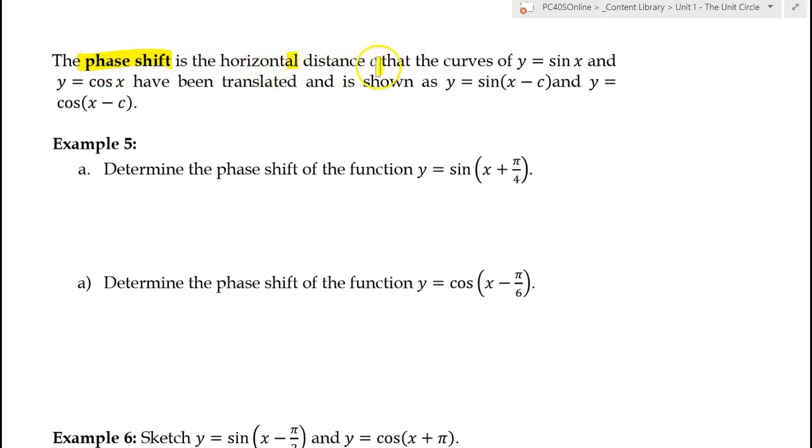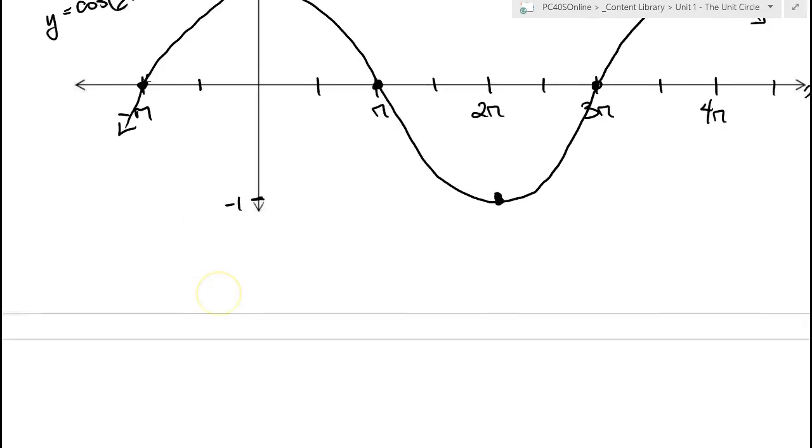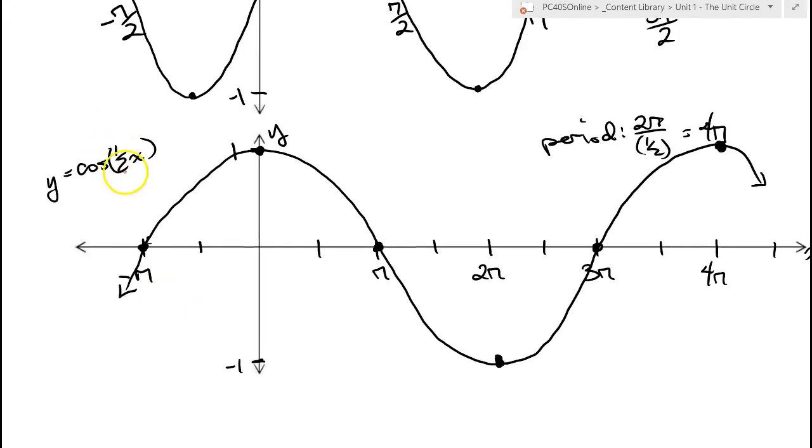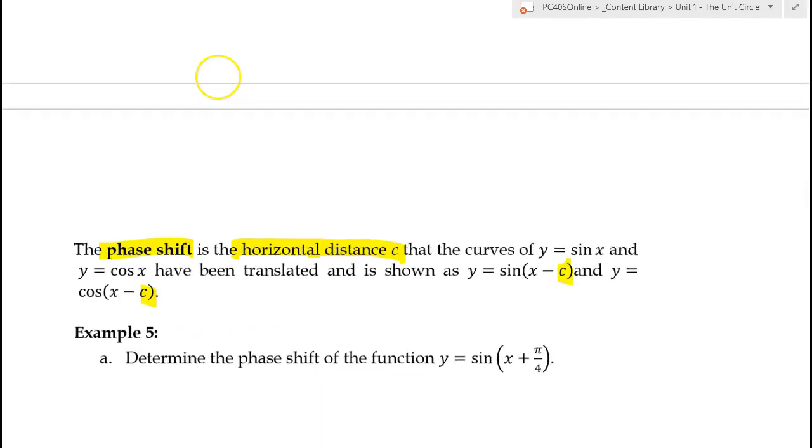Phase shift is specifically horizontal distance, or C, so we're seeing those as subtracting. That's the one key thing to notice: anything that affects x within the brackets, within the function, seems to have an opposite effect. Up here we saw that a half influenced my period and that it became twice as big.